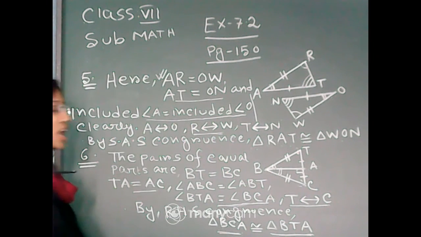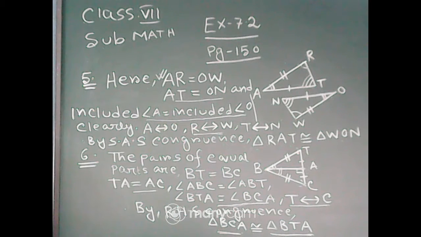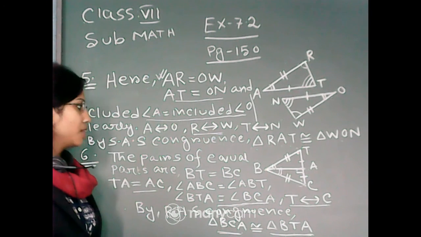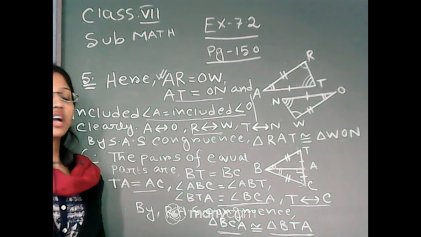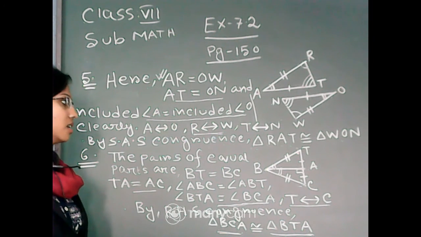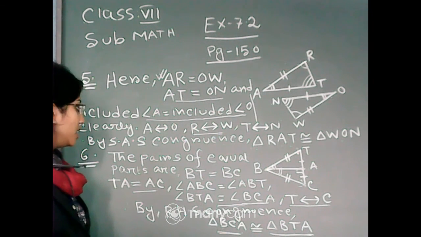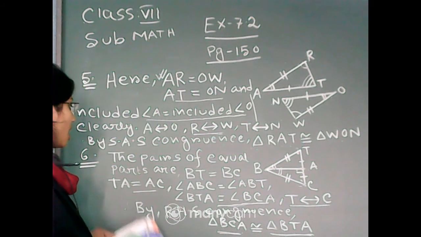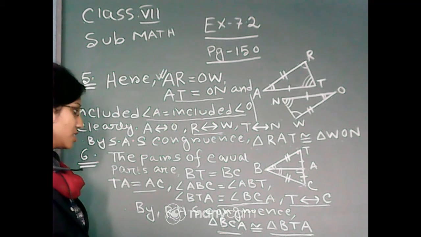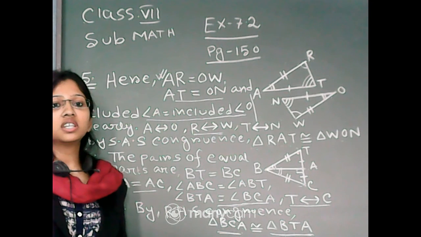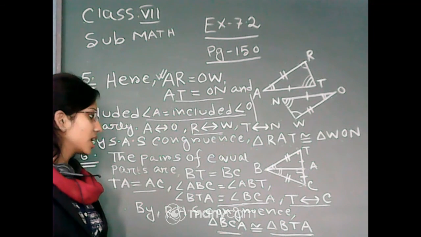So clearly by RHS congruence criterion, triangle BCA is congruent to triangle BTA.